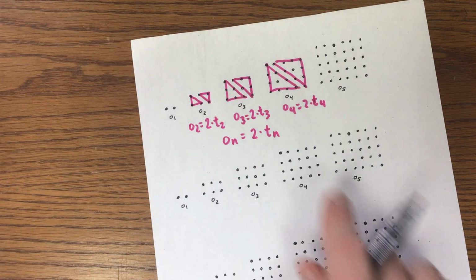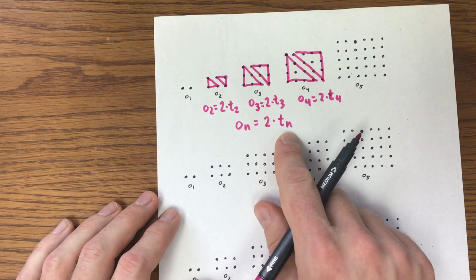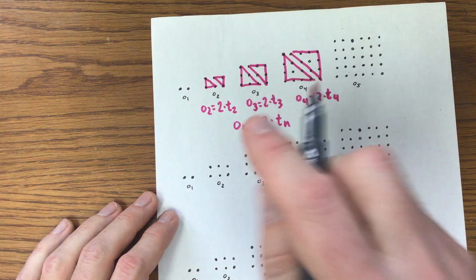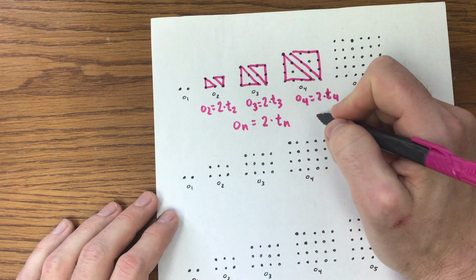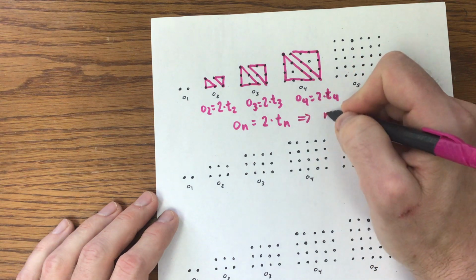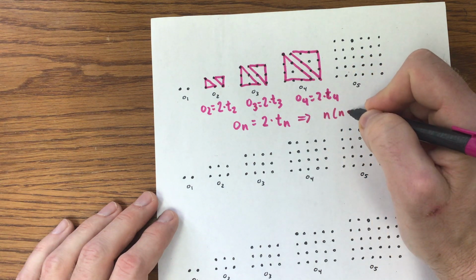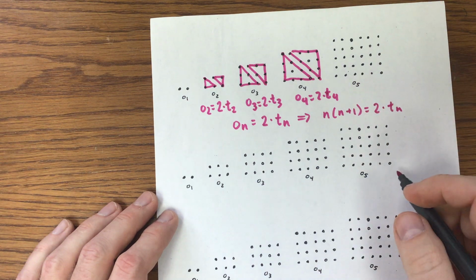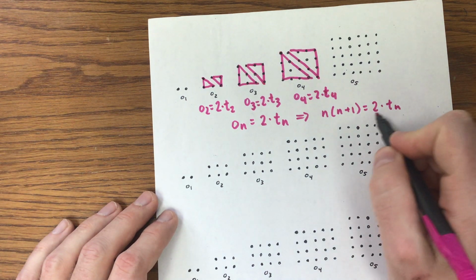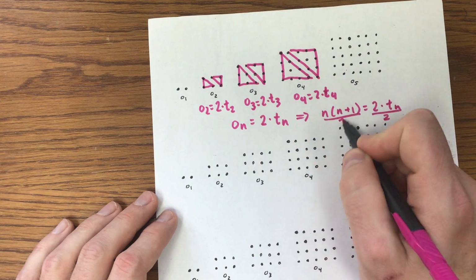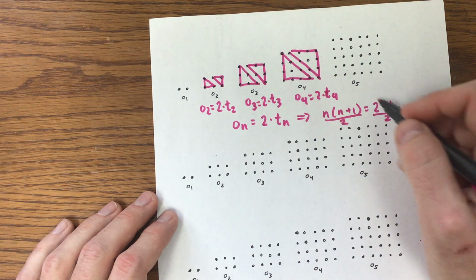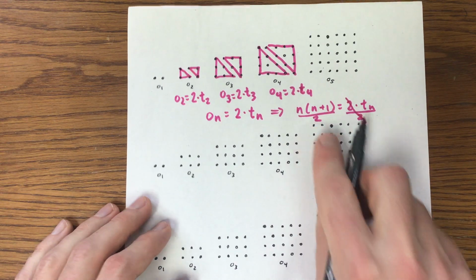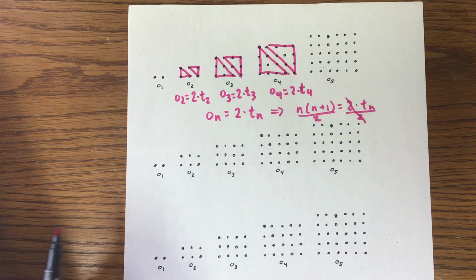So if I look at this formula, 2 times the triangular number, I can use the explicit formula for O sub n, my favorite one maybe, n times n plus 1, is 2 times T sub n. And I can solve this algebraically for T sub n by dividing by 2.